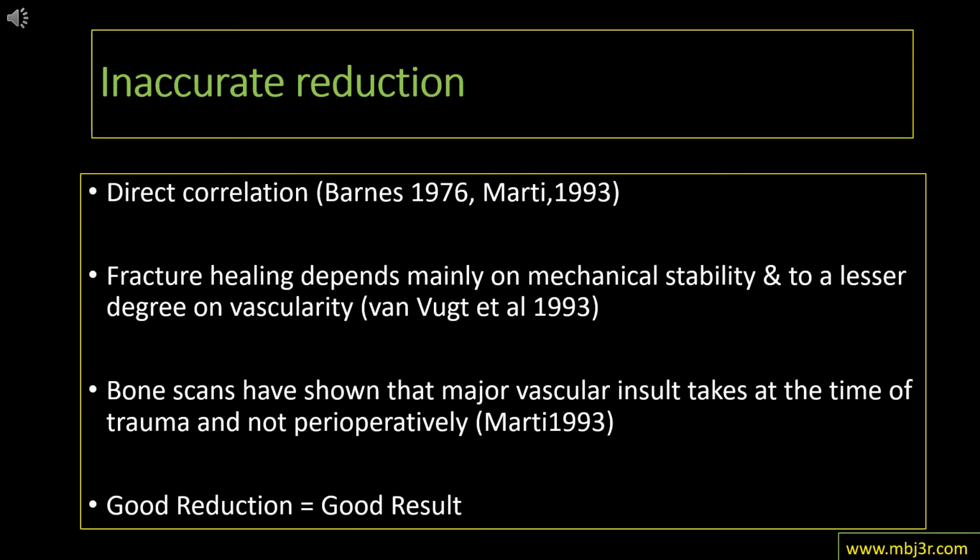Fracture healing depends mainly on mechanical stability and to a lesser degree on vascularity. Bone scans have shown that the major vascular insult takes place at the time of trauma, not perioperatively. Good reduction means good result. You will get a good result if you reduce the fracture properly.